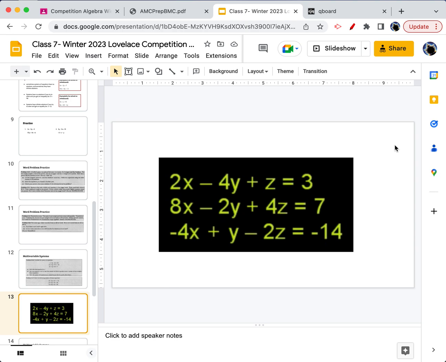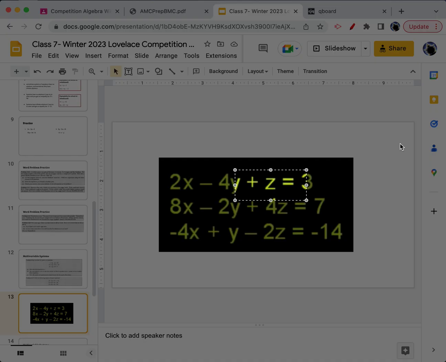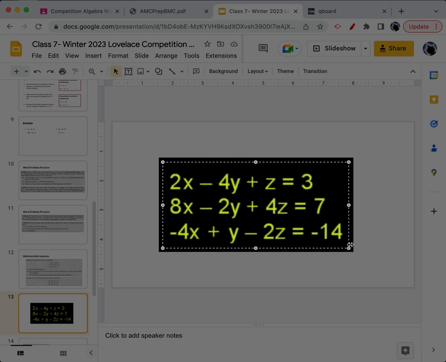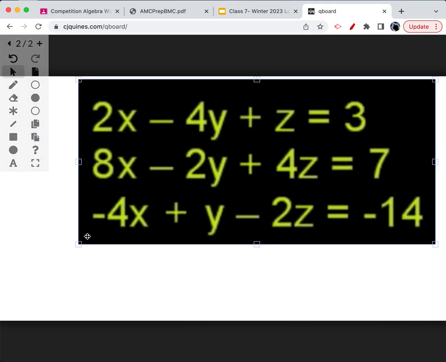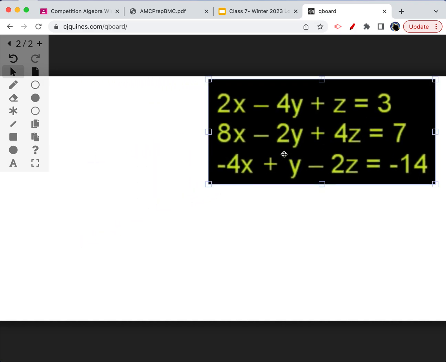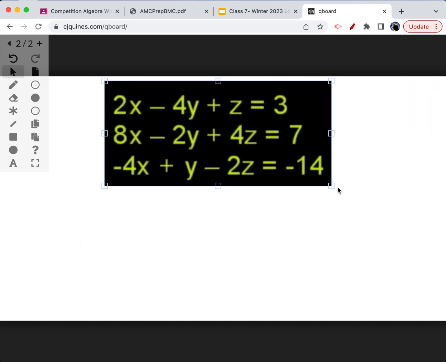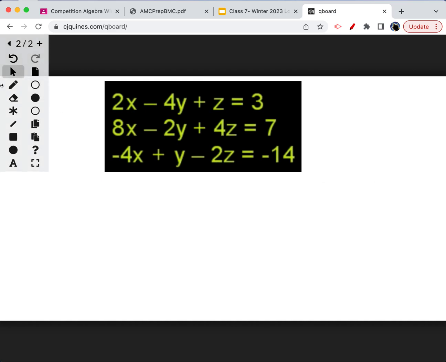Okay, so let's go over this problem now. So once again, we have a three variable system of equations. And so we'll try to follow the same strategy where we isolate a single variable and then we substitute that value into the other two equations.